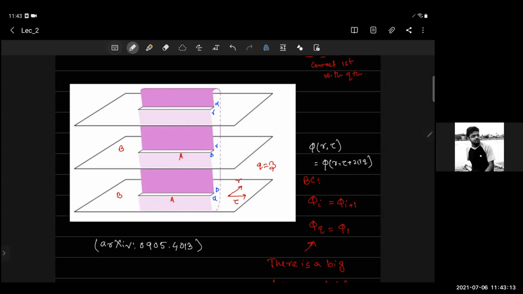If you go 2 pi rotation, you go to another sheet, and at 4 pi you go here. The geometry is like that. If you have r and the angle tau and you rotate 2 pi, you go onto the second sheet. If you rotate 4 pi, you go onto the third sheet. After the 2 pi q periodicity, you come back to the original sheet because the last one is connected to the first one.